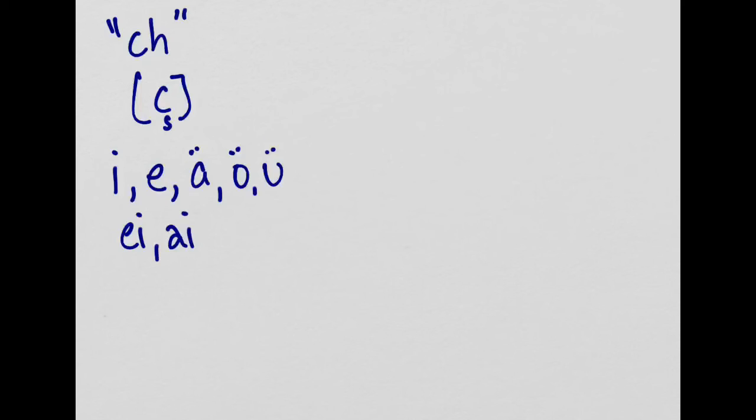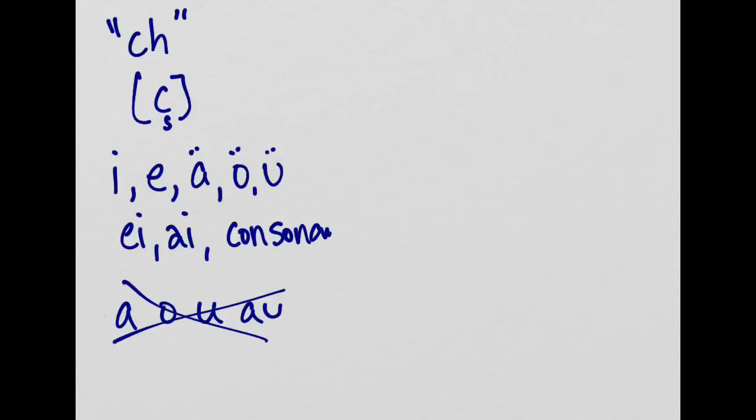AI for sure. Let me just review, not A, O, U, or AU. That's the Achlaut list. Any of these others that you can think of will produce an Ichlaut, including, and this is very important, consonants.